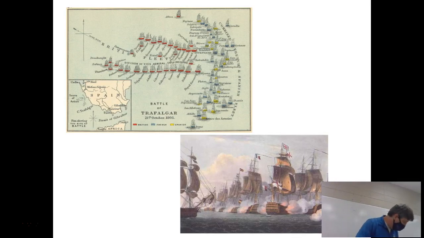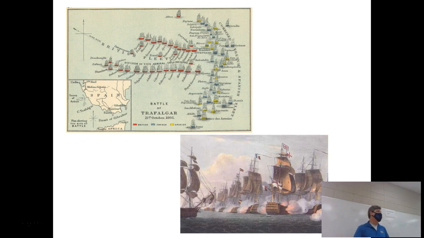This is a depiction of the Battle of Trafalgar. Did I say Gibraltar earlier? Whoops, I think I might have said Gibraltar. Trafalgar, which was fought off Gibraltar in southern Spain. The Battle of Trafalgar was the battle where the British destroyed the French Navy, just absolutely sunk it. And the hero of the Battle of Trafalgar was Admiral Horatio Nelson.